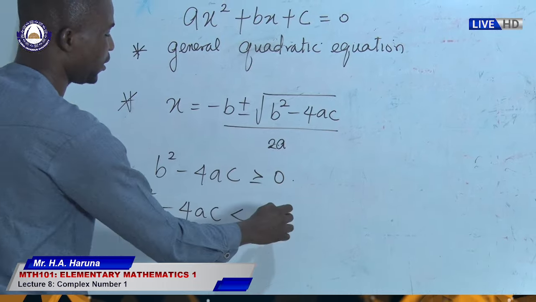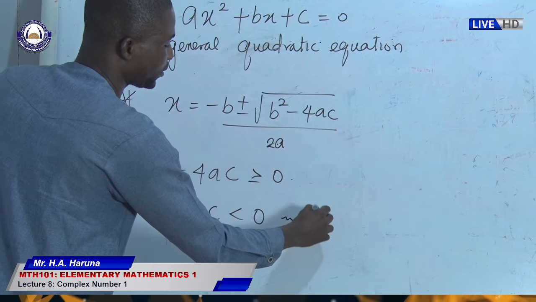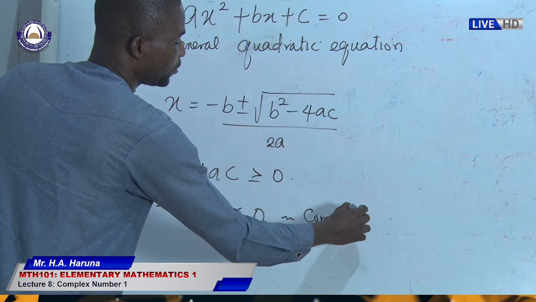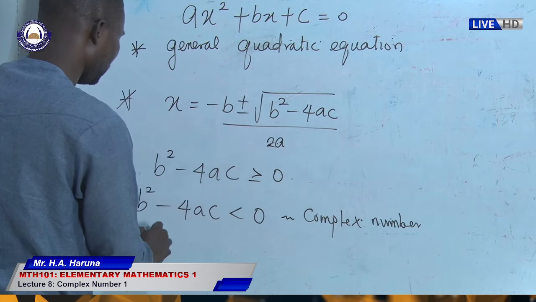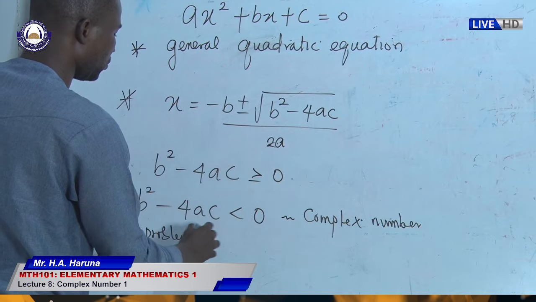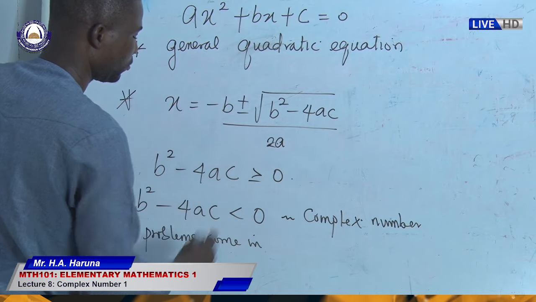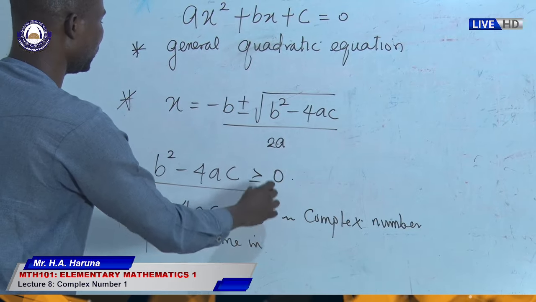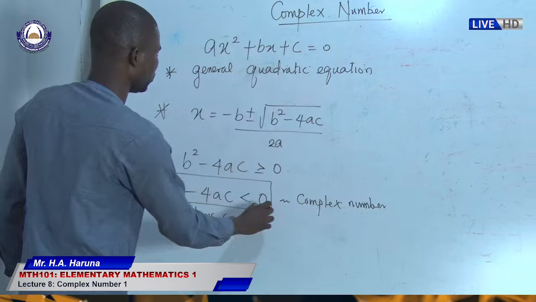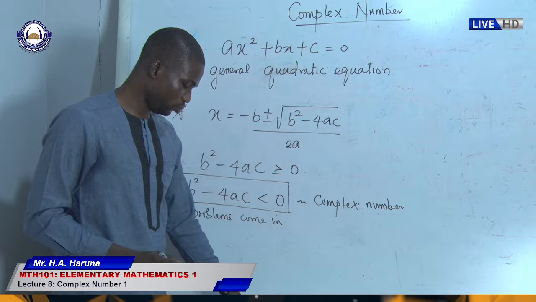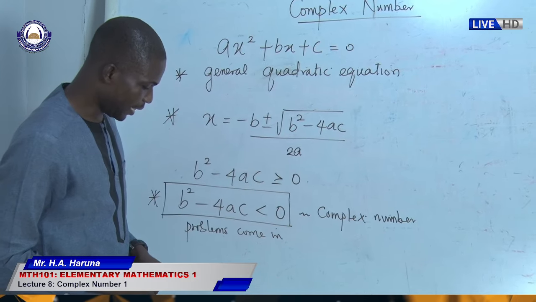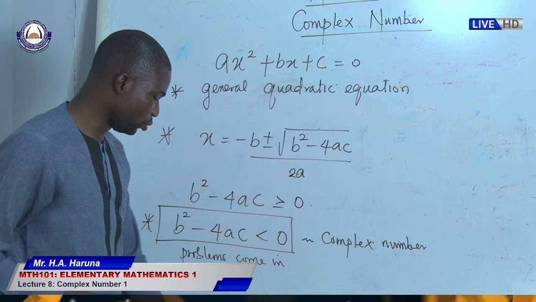This is where the complex number problems come in. We want to analyze this discriminant, b squared minus 4ac less than 0. So we are going to use an example to show this.